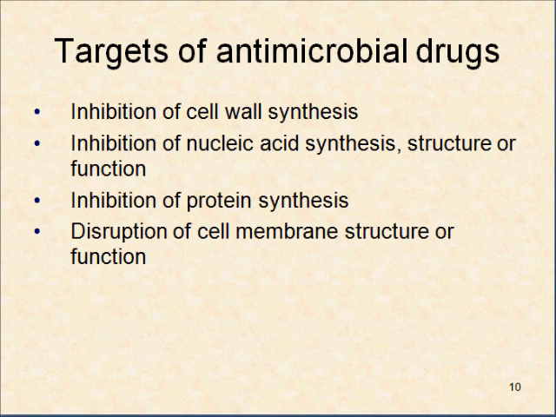Now, generally speaking, there are several ways that the targets of antimicrobial drugs can work. They can inhibit cell wall synthesis, and by doing so make the organism more vulnerable, more easily broken down. They can inhibit nucleic acid synthesis, which will interfere with cell division, and thus render the microorganism incapable of reproduction.